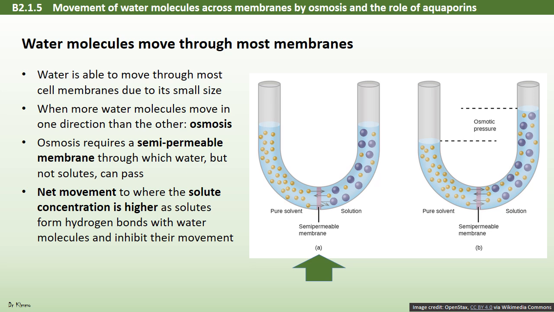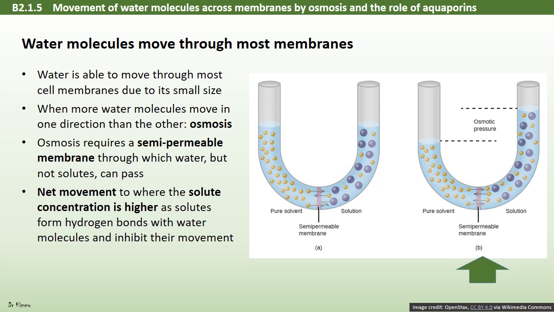Now, over time, this is what happens. More water will be moving from the left to the right, and the water level will rise on the right side. At some point, the water level will rise so much that the pressure is higher on the right and will push back the movement of water.